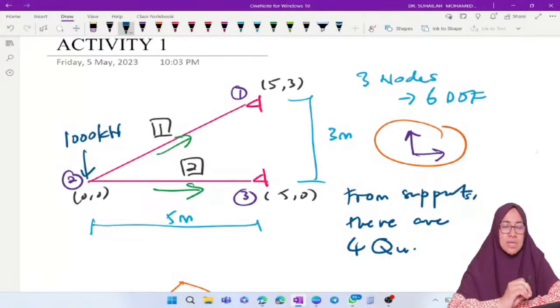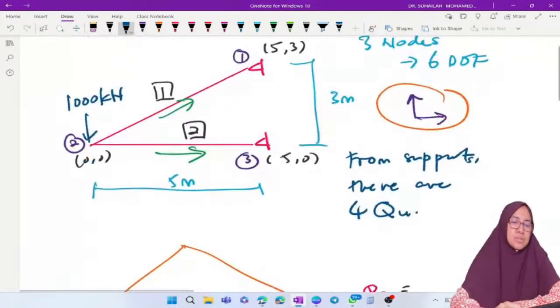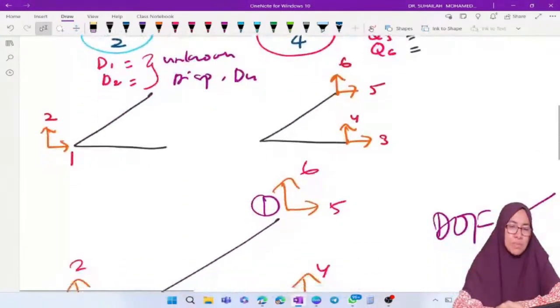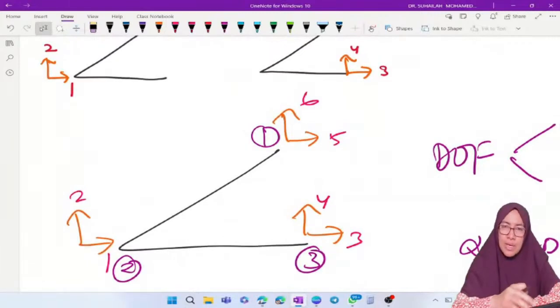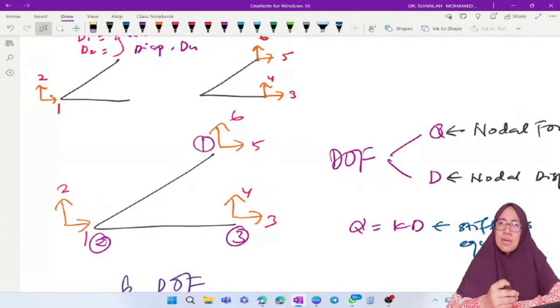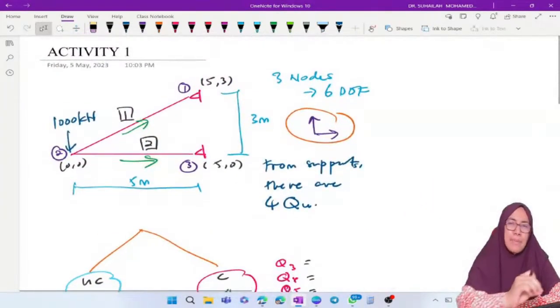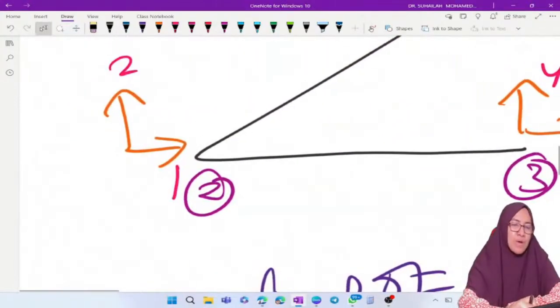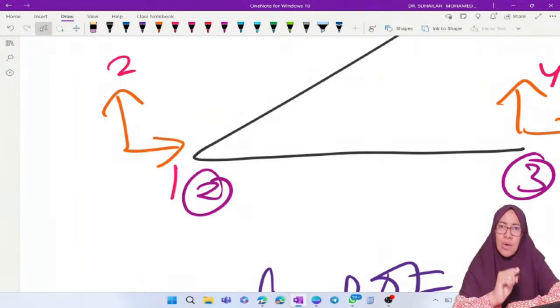From this diagram and from the degrees of freedom that we labeled, we have to read the information in the main diagram. We have to understand the definition of Q and D.